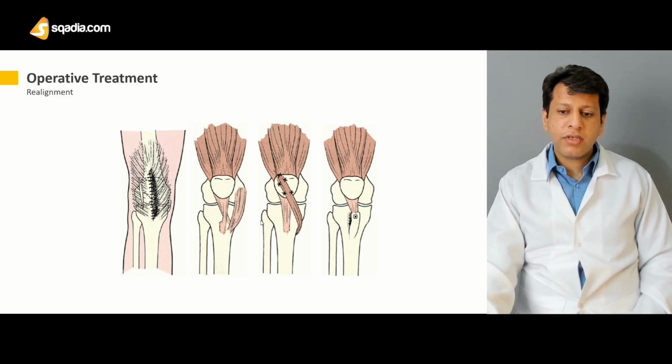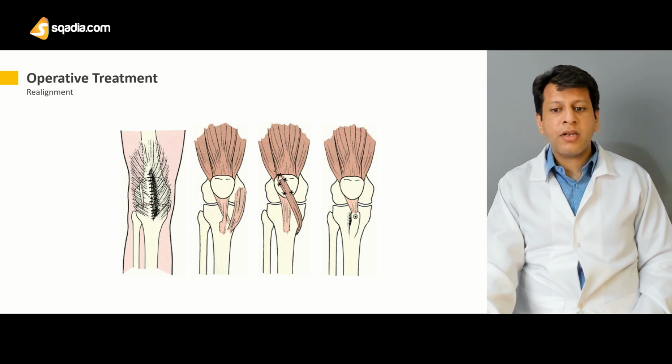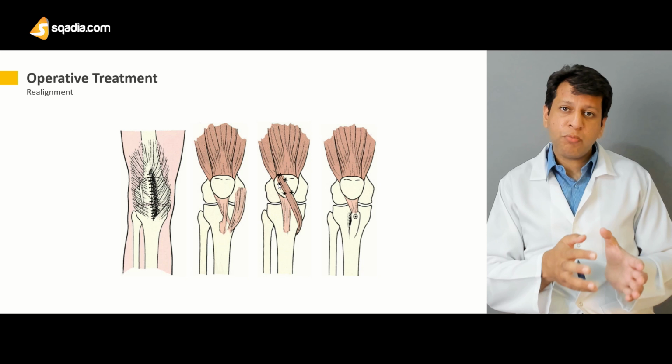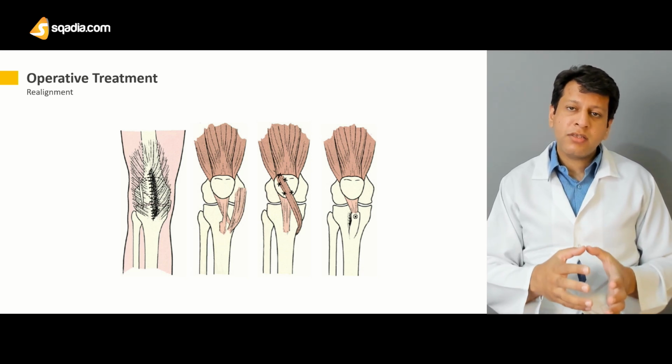The other way is that instead of using the patellar tendon, we usually use semitendinosus and gracilis as a graft, and we attach it on the anterior superior lateral aspect of the patella. This acts as a pull, so the force is exerted by the semitendinosus and gracilis, which keep the patella more medialized and stabilize the patella.